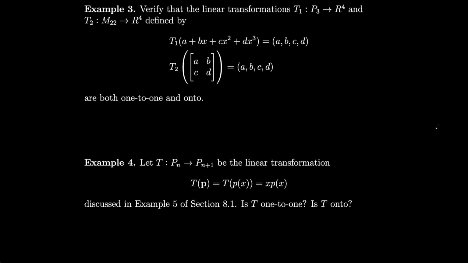For our next example, let's verify that these linear transformations T1 and T2, as defined, are both one-to-one and onto. Well, how about we look at the kernel of T1?